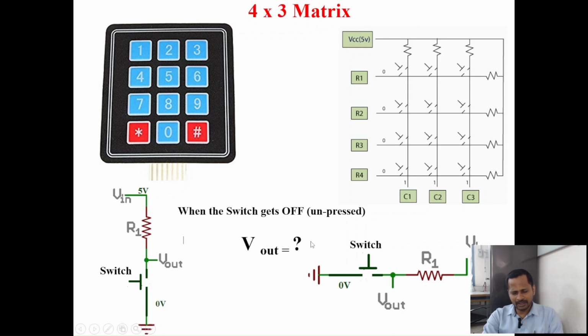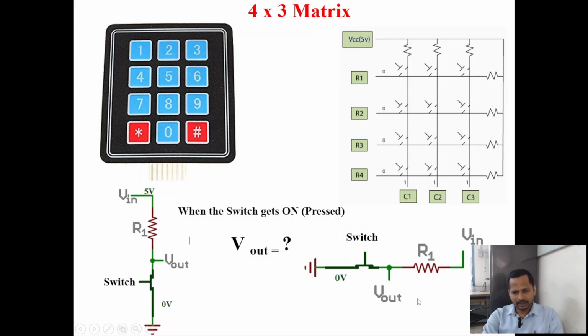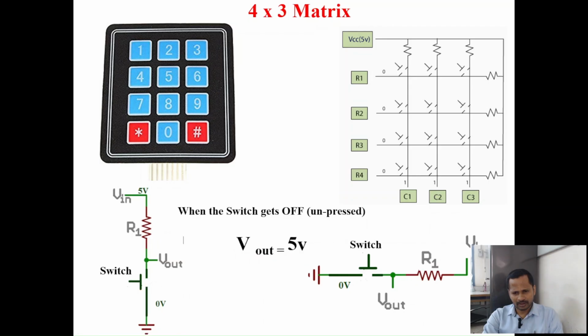So can you identify what the output voltage is at this particular point, that is V out? What is the V out voltage here? Most of the time we say it is going to be 0 voltage. No, that is wrong, because this is going to be 5 voltage. Why 5 voltage?